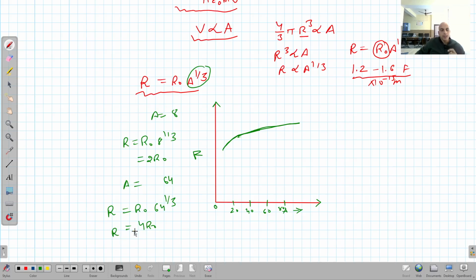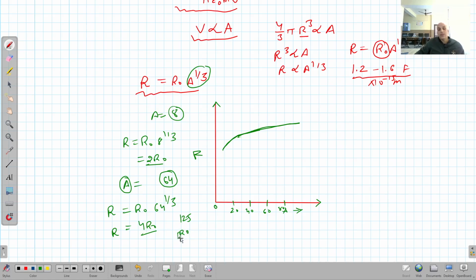So you can see that as the mass number goes from 8 to 64, it is increasing around 8 times, but the radius is increasing only 4 times. So you can see, even if we take 125, then I will get 5 R naught, right?